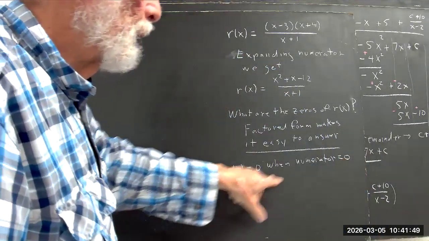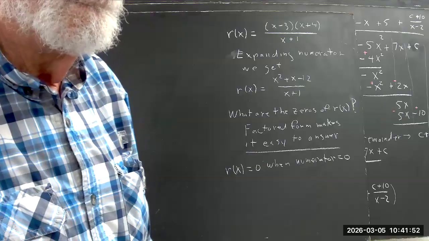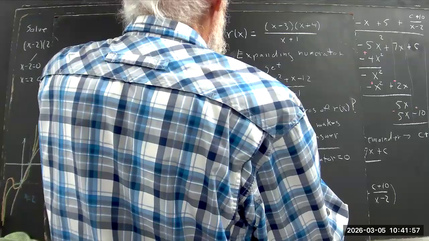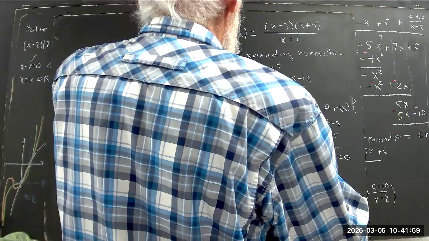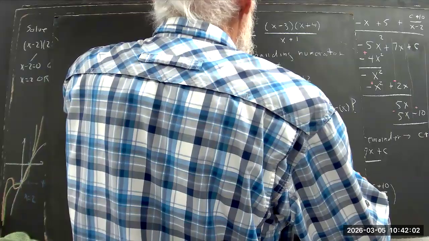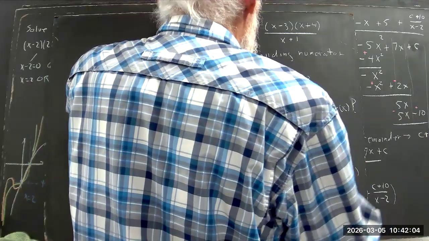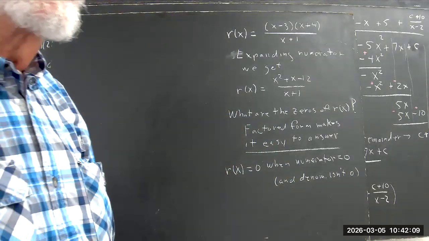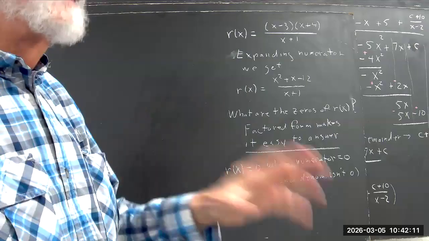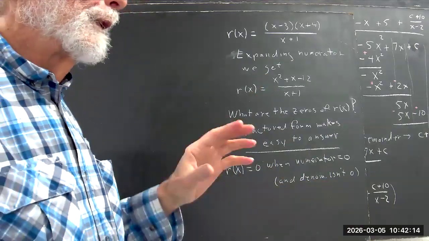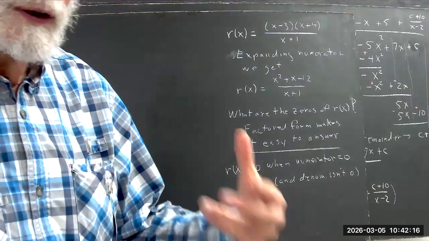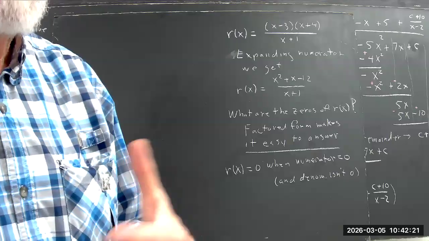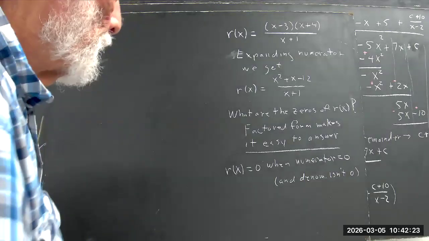Any rational function is 0 when the numerator is 0. And just to be complete, I'll say, and the denominator isn't 0. When the denominator and the numerator are both 0, that's something you'll get into in the pre-calculus class. Here, I just want to give you the broad outline of how you approach rational functions.